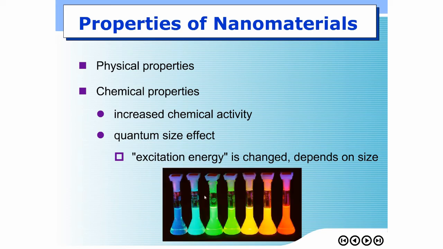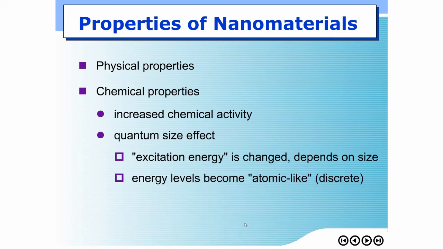Like this, these are nanoparticles that have been excited by a light source, in this case a black light, or UV light. When it excites, de-excitation of electrons or energy down to the ground state emits light. So you can see that different colors of light here mean that the nanoparticles have different excitation energy.